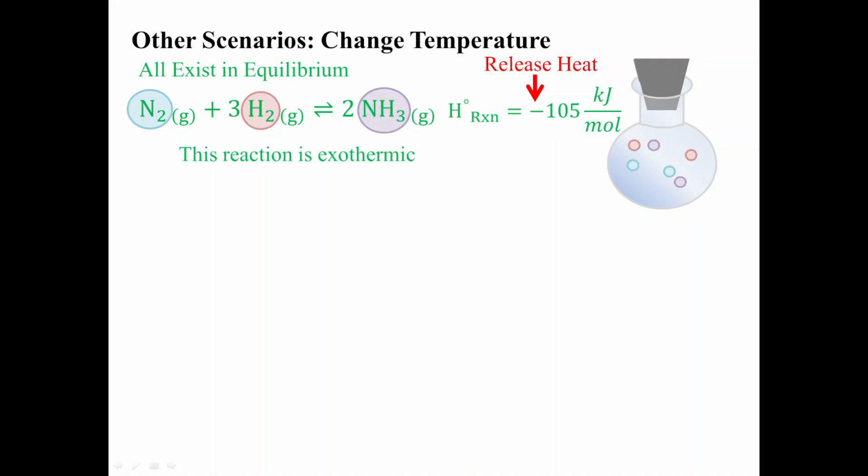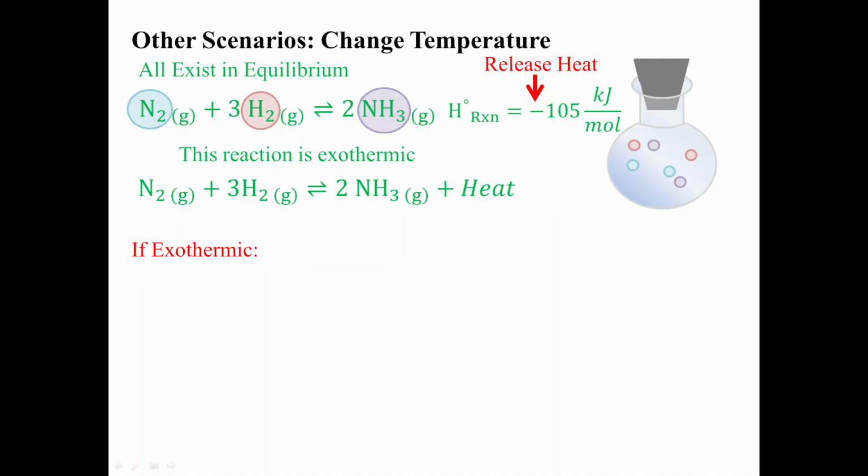And one way to look at this in a slightly different way is we can put heat as a product. In truth, we're changing the equilibrium constant because we're changing the temperature. But if we think of heat as a product, we can still apply what we've learned with Le Chatelier's principle.